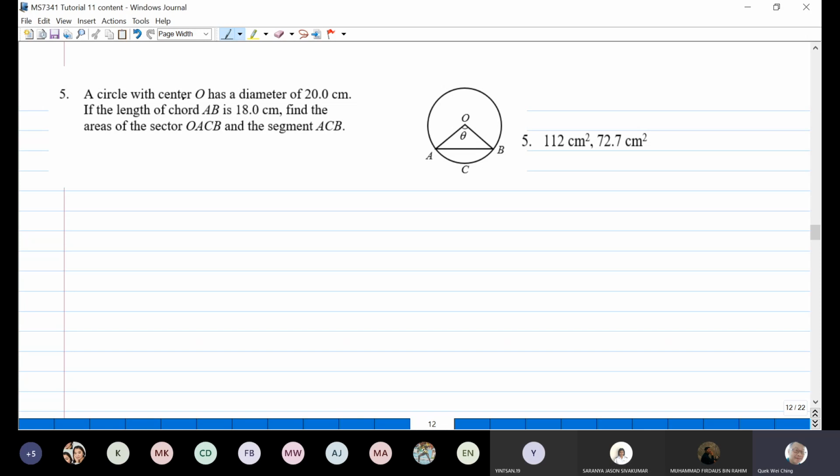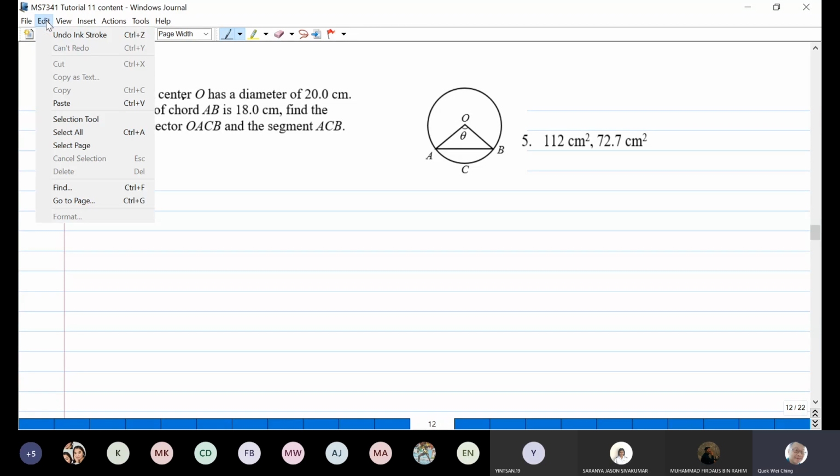So this time you have a circle, center O, diameter 20. If the length of the chord AB is 18, find the area of the sector OACB and the segment ACB. So this is quite a big thing to do here.